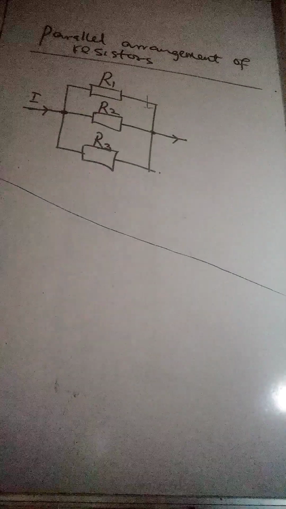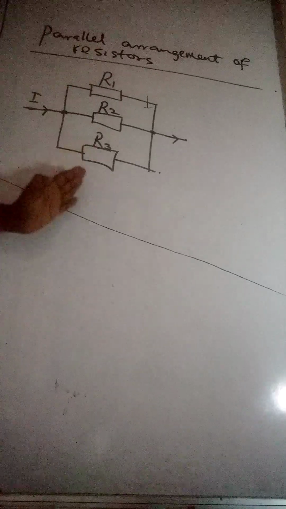Now let us have a look at parallel arrangement. Whenever two or more resistors are connected in this manner, that is vertical arrangement, as you can see, then we say that resistors are connected in parallel. Now, this is current I coming from the source.